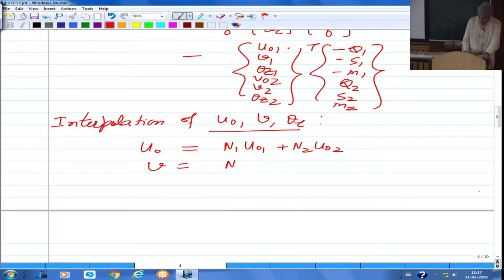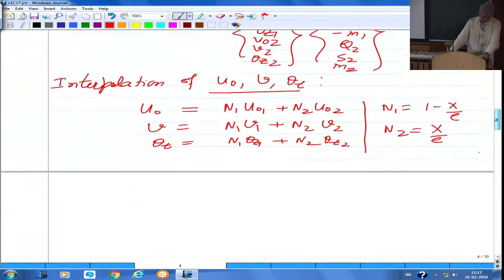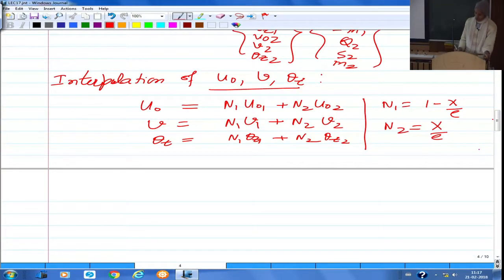Similarly v is N1 into v1 plus N2 into v2, and theta z is N1 into theta z1 plus N2 into theta z2. The same kind of interpolation, where N1 is 1 minus x by L and N2 is x by L. This we had derived earlier, so the same shape functions.